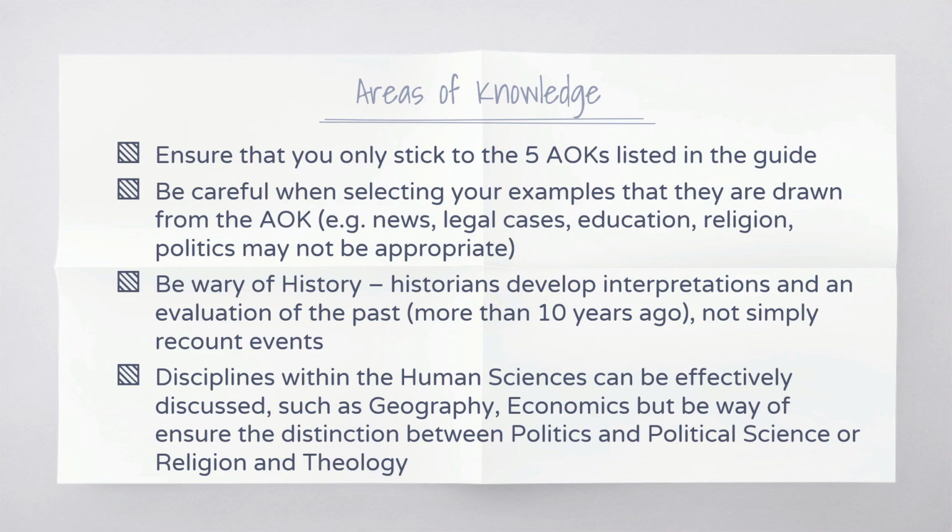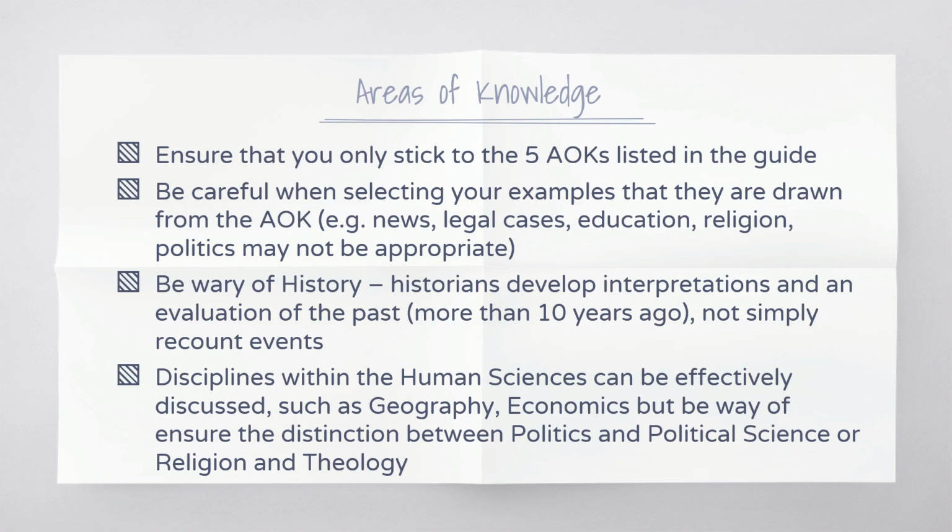Most importantly, many students make the mistake with history of referring to historical events and referring to contemporary events as well. Remember that history for historians is normally regarded as something that happened more than 10 years ago. And most importantly, when looking at history, historians do not provide a chronicle or a timeline of the past.